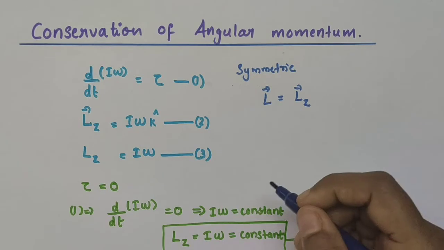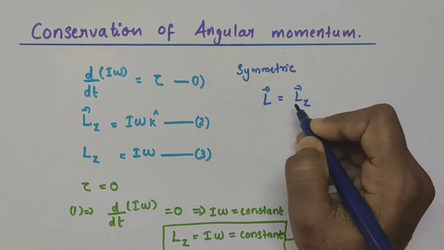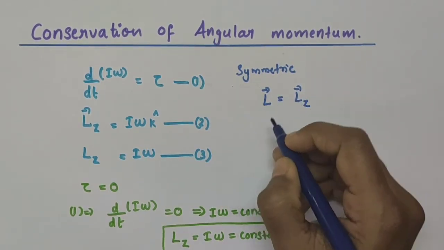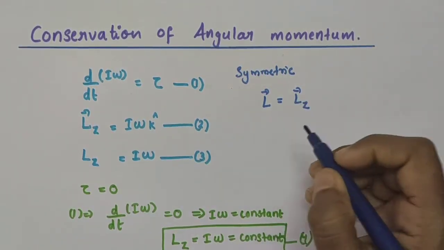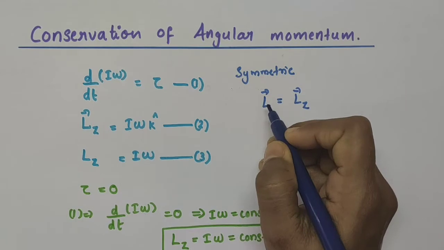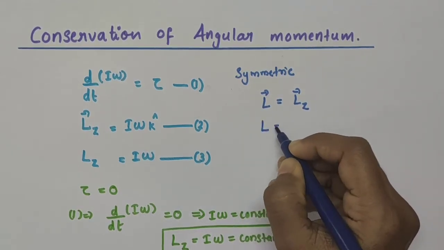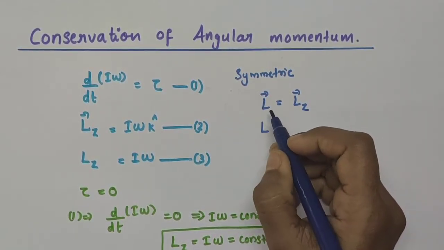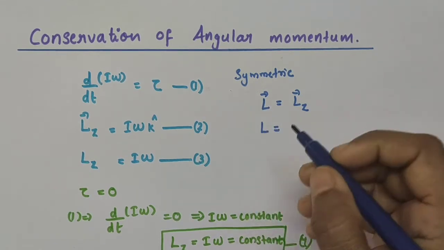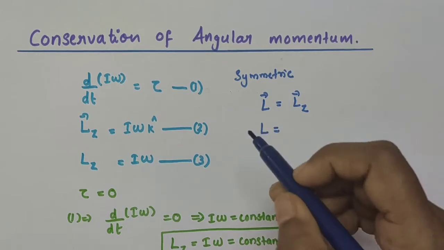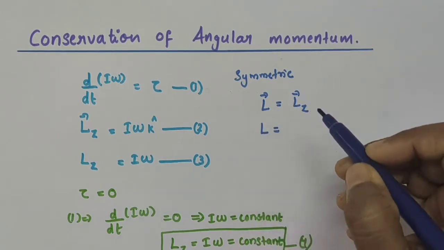So for symmetric bodies, this Lz, which is the magnitude of vector Lz, can be replaced by what? L. L is actually the magnitude of vector L. Vector L is the total angular momentum of the body. For symmetric bodies, this vector L, total angular momentum of the body, is equal to vector Lz.